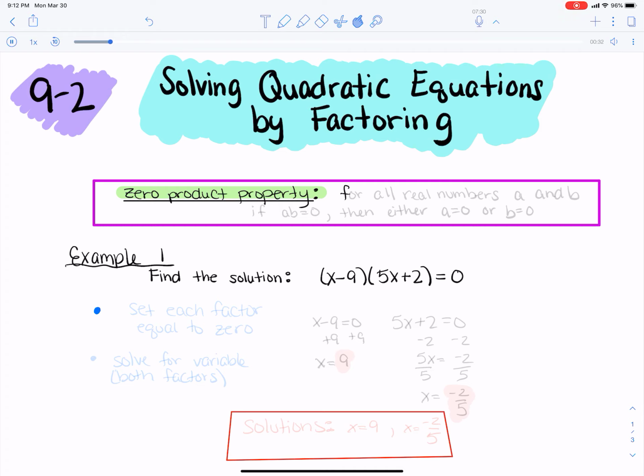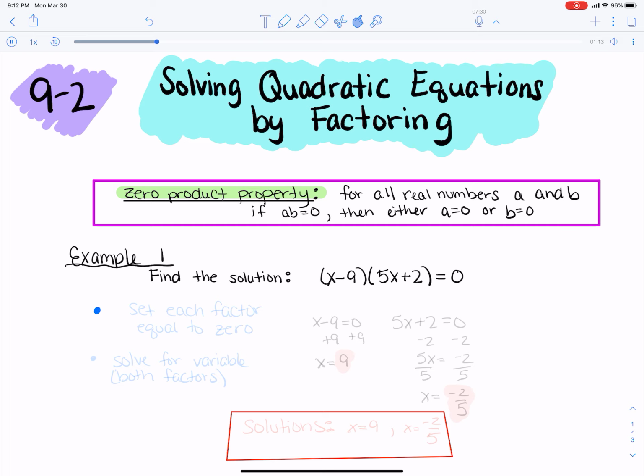So this states for all real numbers A and B, if A times B equals 0, then either A is equal to 0 or B is equal to 0. And so let's look at example 1.